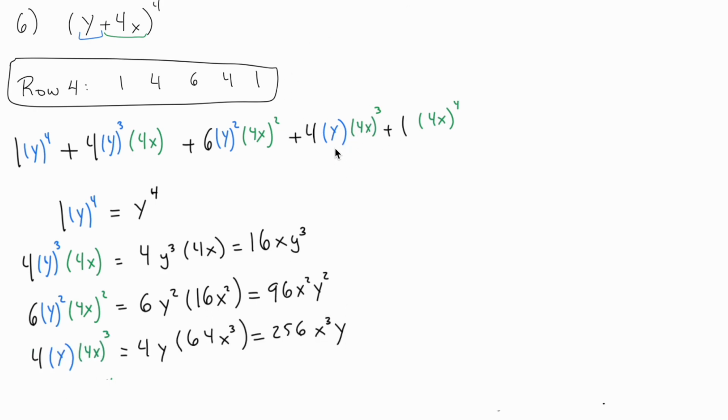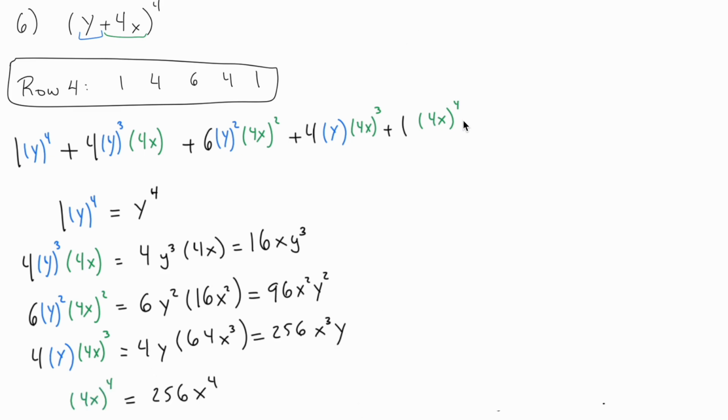Then the fourth term, that is 4 times y times 4x cubed, so that is 4y times 4x cubed. And what is 4x cubed? 4x cubed is 4 times 4 times 4, so 64x cubed. Then I multiply 4 times 64, and that is 256x cubed y.